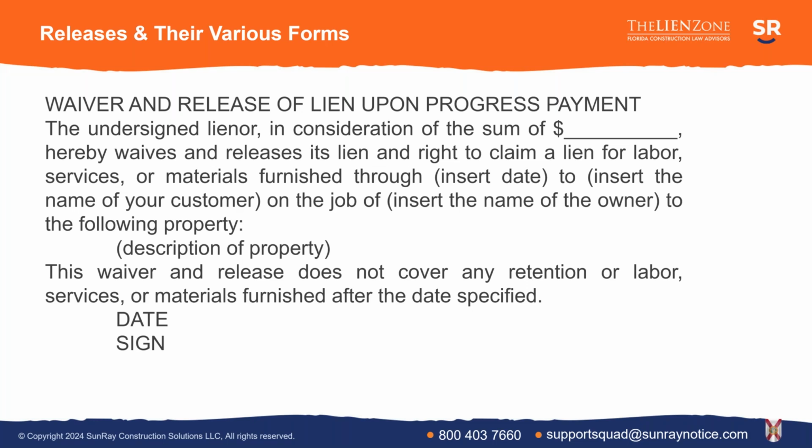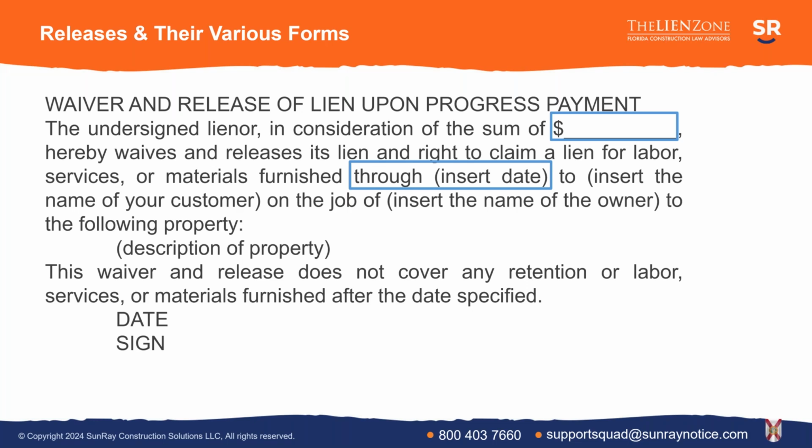So the lien statute, which defines how you have lien rights, how the lien law works, also includes form releases. If we look at this release form, you'll notice that it has a blank for the amount of money that you are expecting to get if you are the one getting a check and giving a release. It also has a through date, the date through which you are giving up your lien rights.